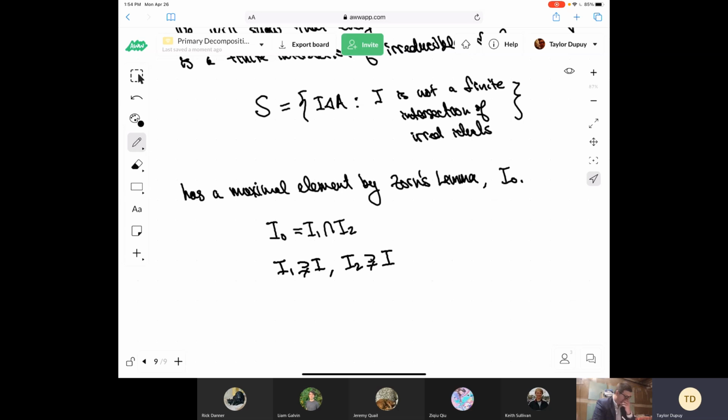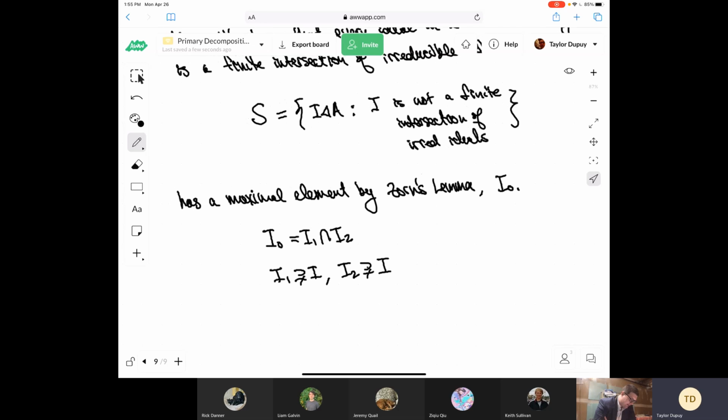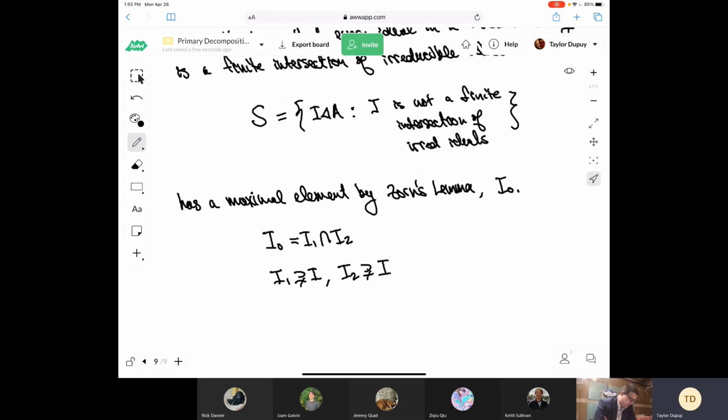So I'm reading off my notes here. So let me think about this a little bit. So what we're going to want to do is try and find an element in here that is not a finite intersection of irreducible ideals.